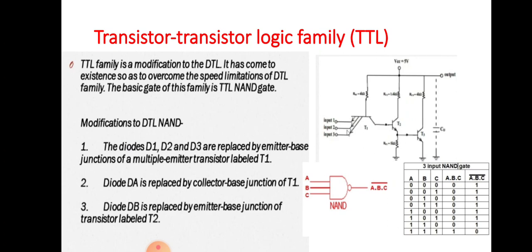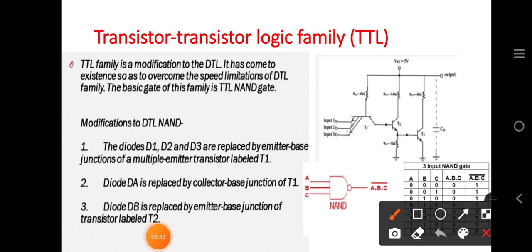The diodes D1, D2, D3 are replaced by the emitter junction of a multiple emitter transistor labeled T1. Now see the circuit diagram. If you compare this circuit diagram with the DTL circuit diagram, then you will realize that there is a change in this part. Here 3 diodes were used, D1, D2, D3.